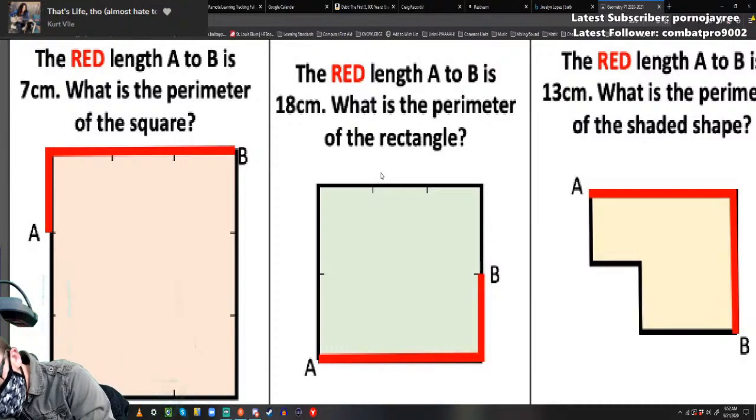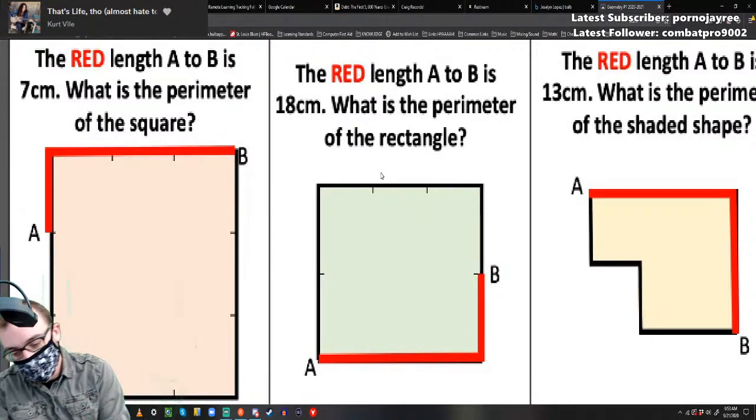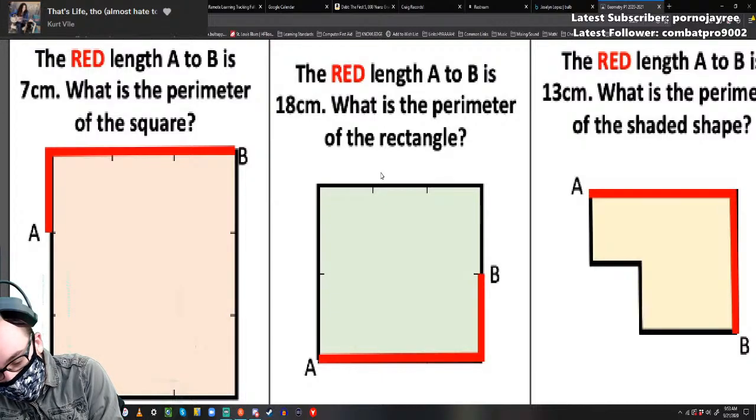Take your time. This one's a rectangle. They say the red part is 18.